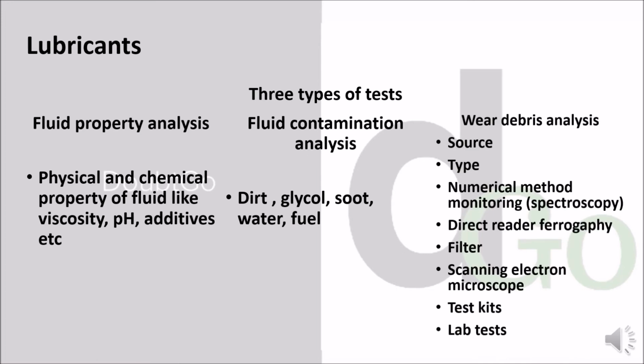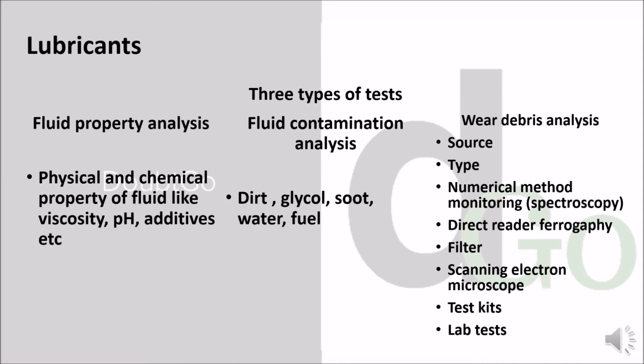In wear debris analysis, the sources of wear are identified first, and then the type of debris, like the amount, size, shape and composition. Numerical methods monitoring uses spectroscopic oil analysis. Direct reader ferrography is used only for ferrous materials.